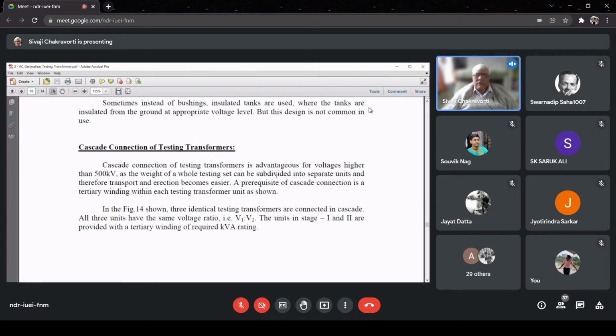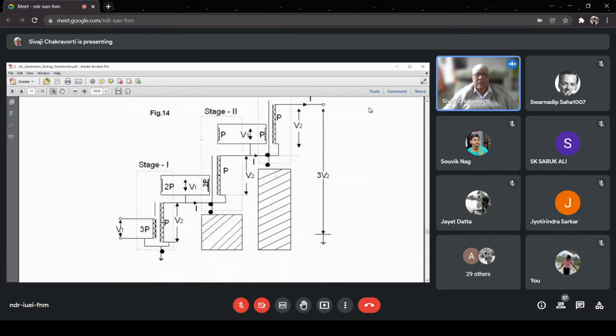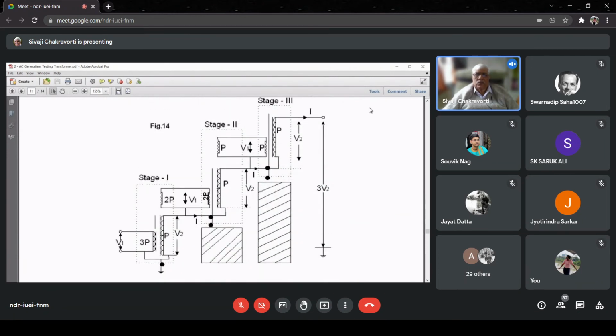So therefore, if I have a very high voltage requirement, should I go for one transformer? The answer is no. There we use cascade connection of transformers. That means here it is shown that let's say I require 750 kV as output. Then we don't go for one 750 kV transformer.